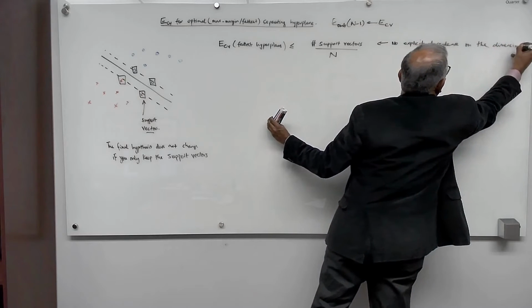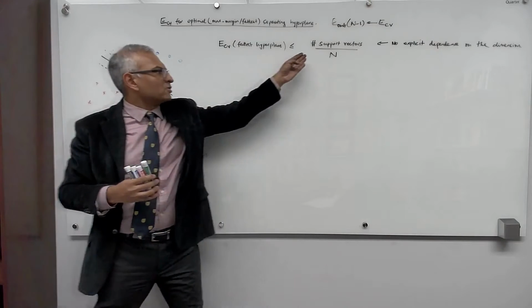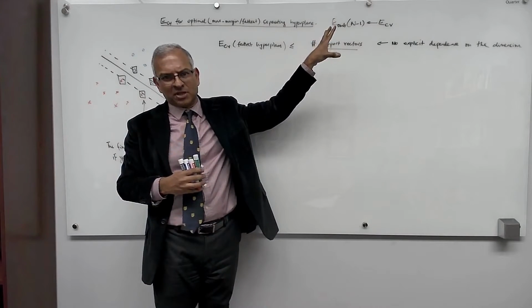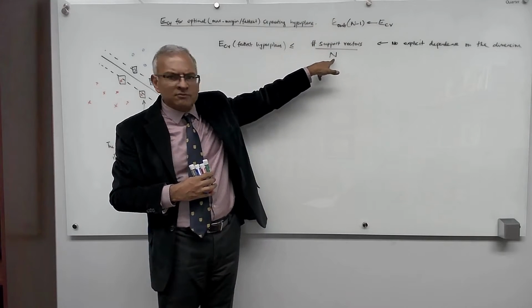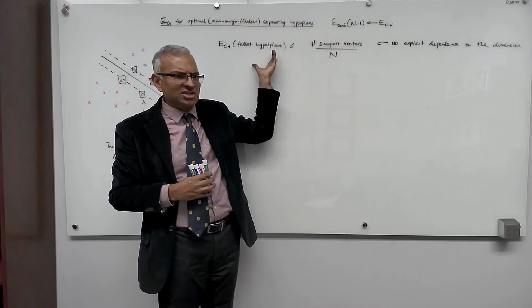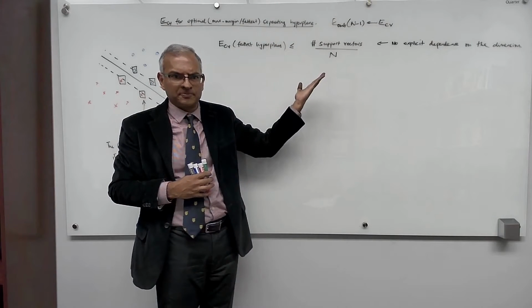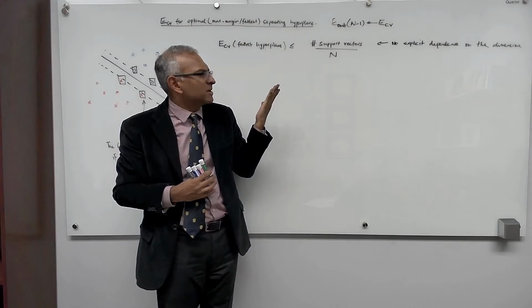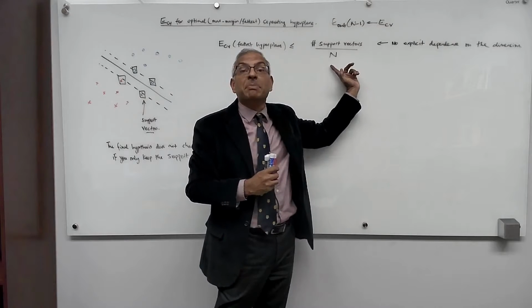Now, it is true that as you go to higher and higher dimensions, the number of support vectors might increase a little bit. But as long as it's increasing very slowly or not at all, with enough data points, your cross-validation error is under control. Your E_out is under control. And that's all we care about from the perspective of machine learning, from learning from data. And it's independent of the dimension.